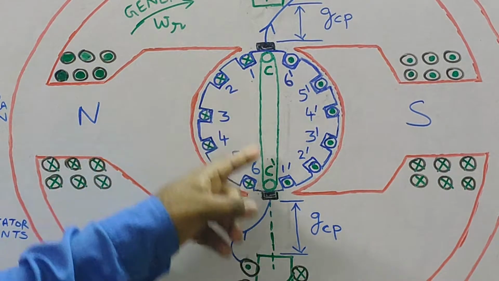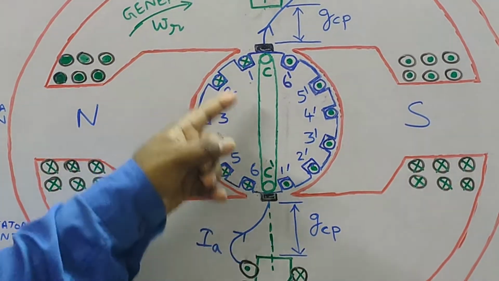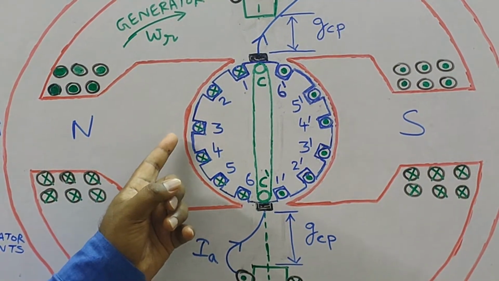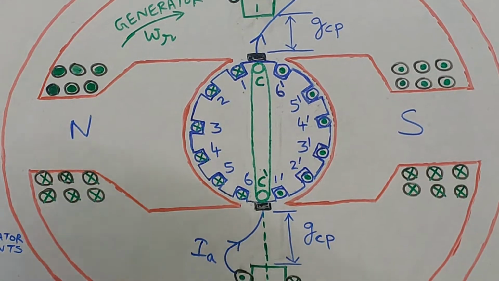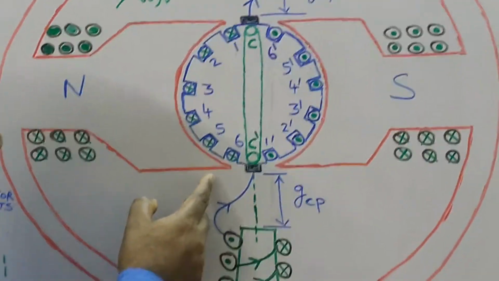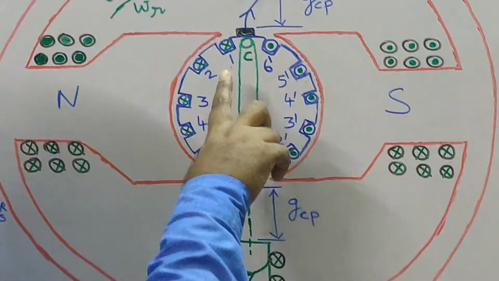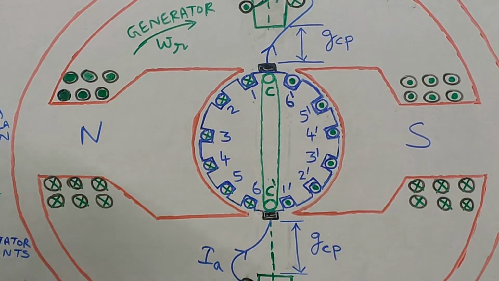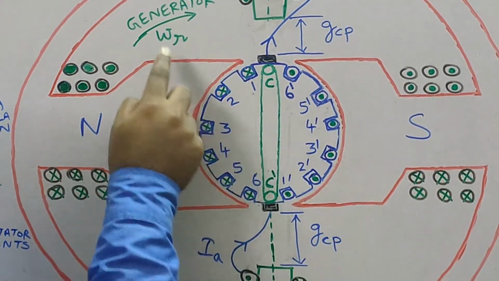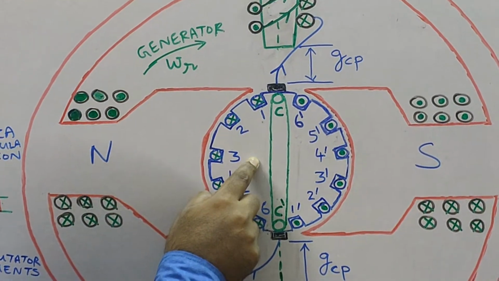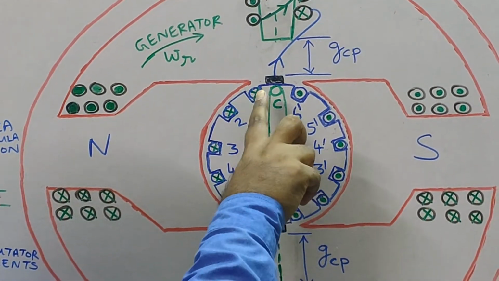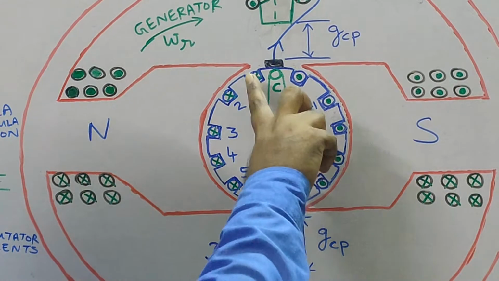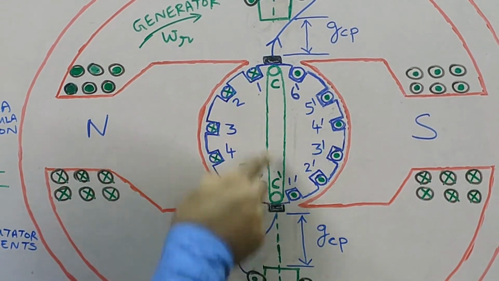So whichever coil is going to occupy the position indicated by the coil CC dash, it can be 1 1 dash, 2 2 dash, or 3 3 dash, that coil will be said to be undergoing commutation. That means after a few degrees of rotation, as per this diagram, coil side 1 1 dash will come to the position which is now occupied by coil CC dash.